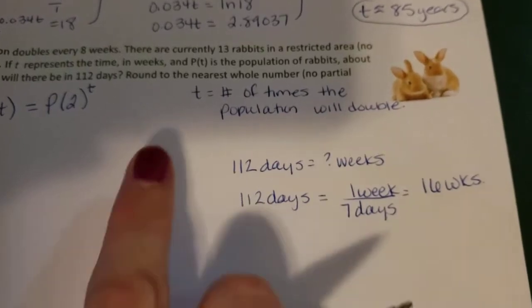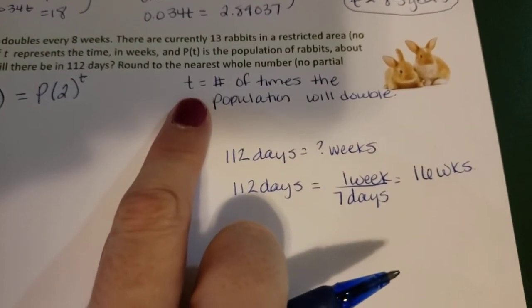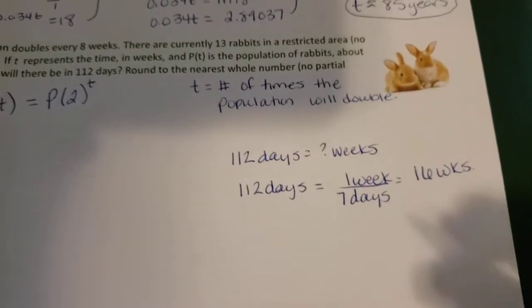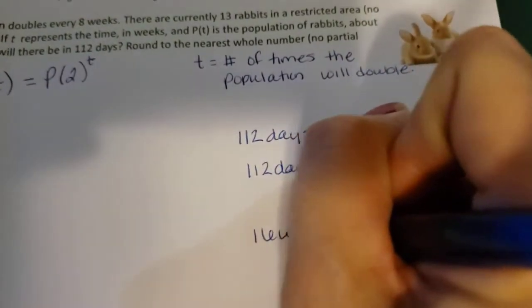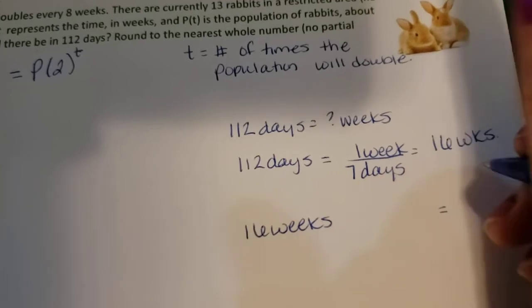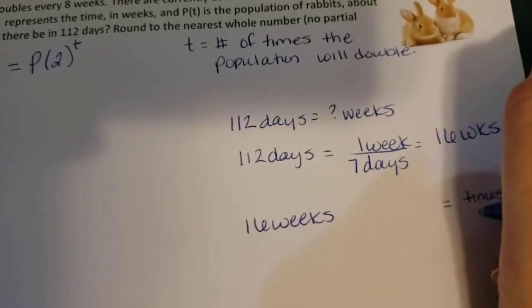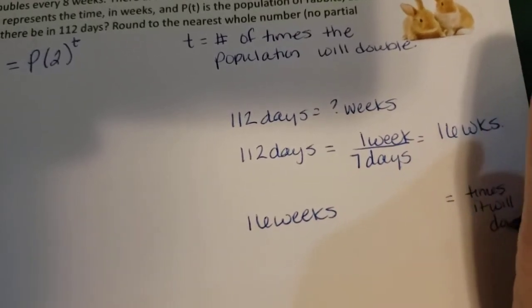But that's not exactly the number of times the population will double. The population doubles every 8 weeks. So I'm going to take my 16 weeks, and what I want my units here to be is times it will double.